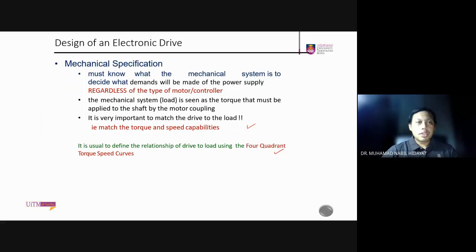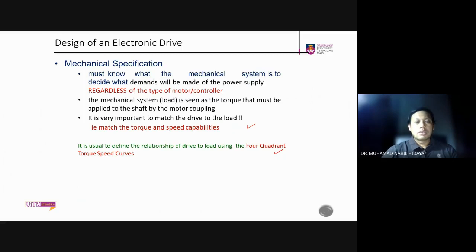Next, we will look into the design of an electric drive. The design of the electronic drive is to suit the mechanical specification. You must know the mechanical system specification, to decide what demands will be made to the power supply. The mechanical system is seen as a torque that must be applied to the shaft by the motor coupling, and it is very important to match the drive to the load.